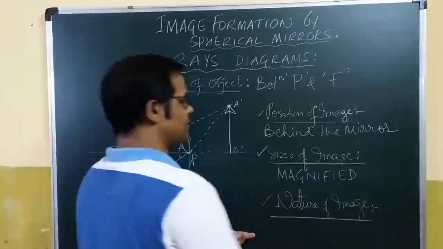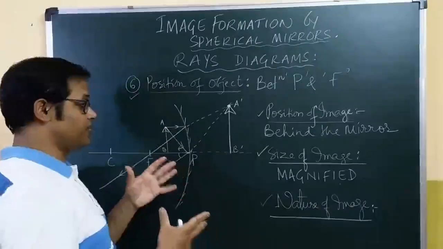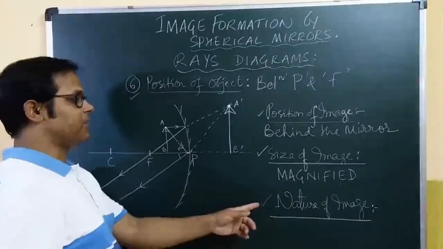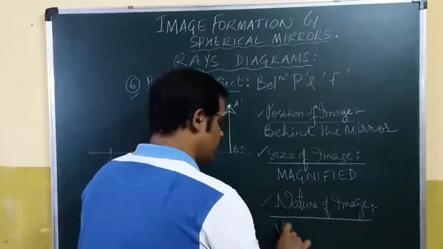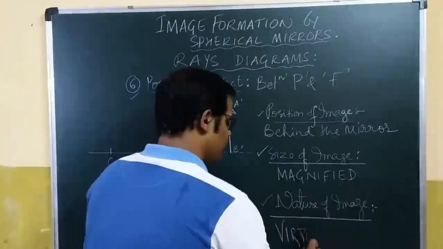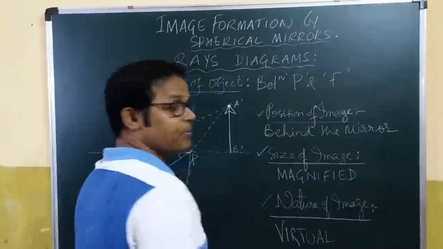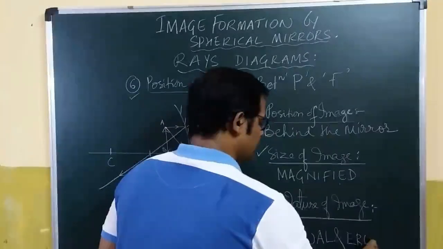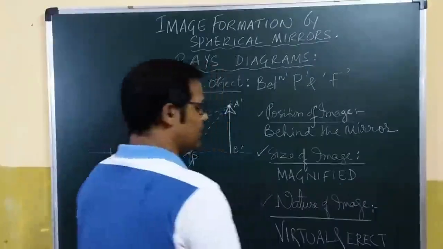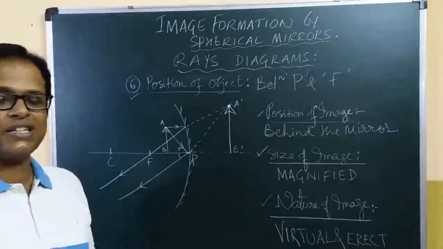The size is going to be enlarged, bigger than the size of the object. But the nature, for the first time for a concave mirror, is not real, but it is a virtual and upright image, which we better call an erect image. Virtual and erect image of the object is formed.